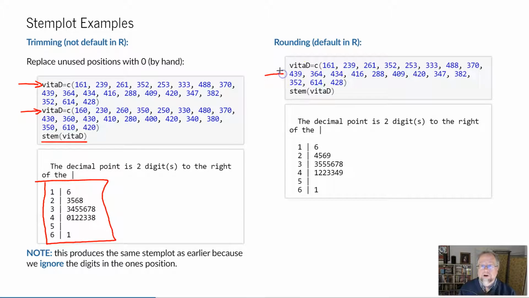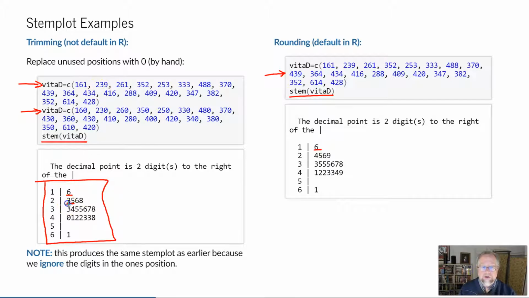Now, by default, R uses rounding, and that's fine if you're doing it using R. You're allowed to do that. And so I just used the stem command. And so remember, 161 trimmed or rounded came to the same thing, and in both places we have our leaf of 6. On the other hand, 239, when you trim, that becomes 230, so the leaf is 3.